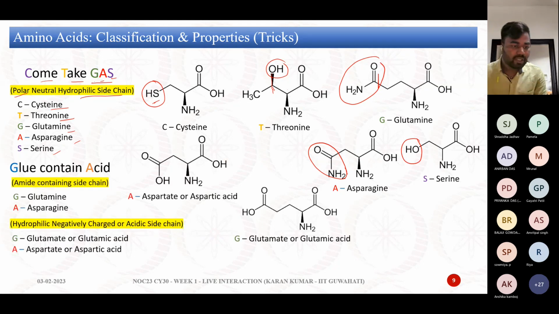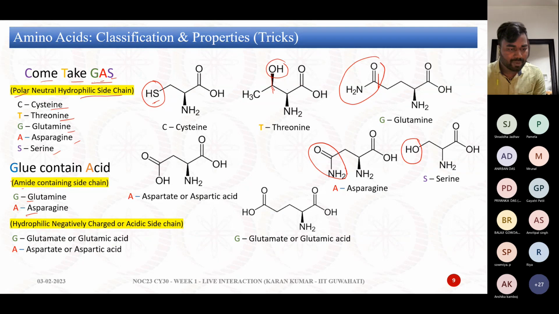Now to remember the amide containing groups that I have already discussed in this chain, you can use two techniques. One technique is "Glue Contain Acid". Glue contain acid represents the amide containing side chains, which are glutamine and asparagine. Then the hydrophilic negatively charged acidic chains, that also you can remember by "Glue Contain Acid", where G represents glutamate or glutamic acid, A represents aspartate or aspartic acid.